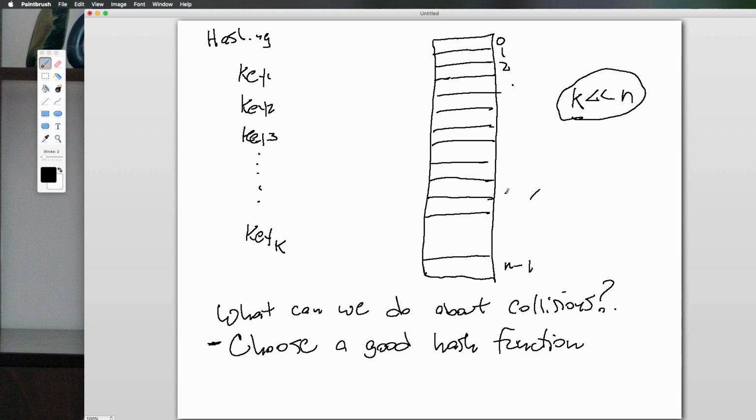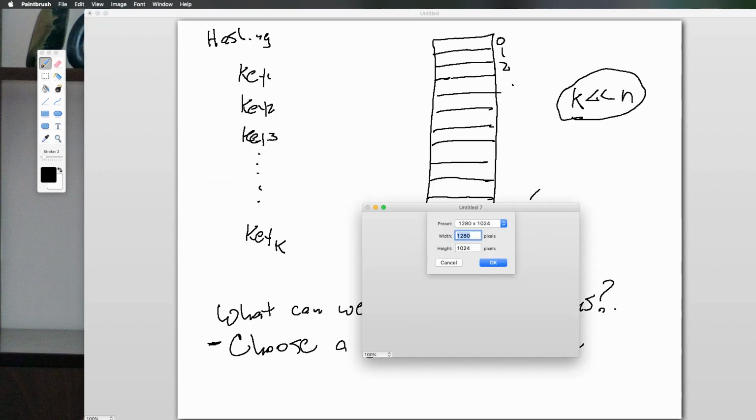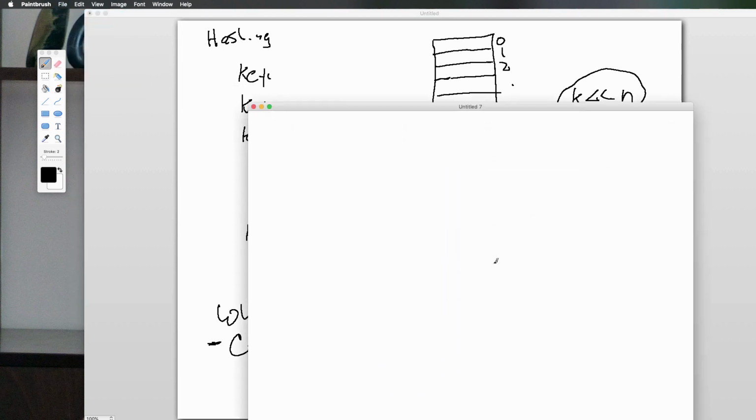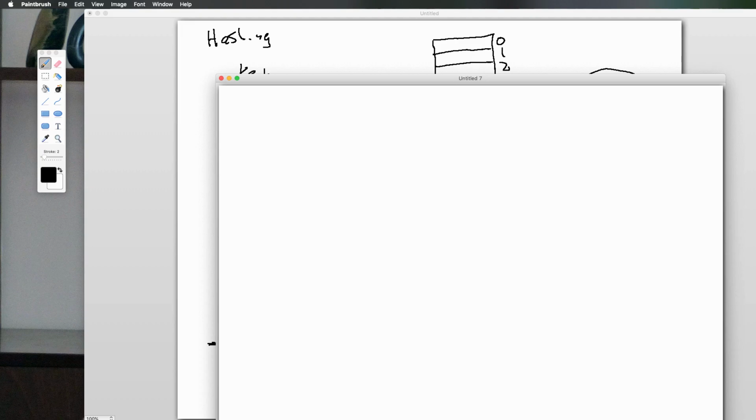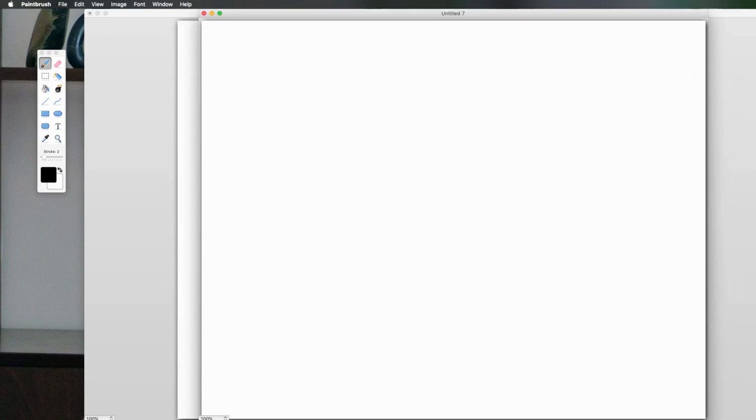So how do we choose a good hash function? Well, let's think about a couple of possibilities. Let's consider a string, something like ABC, and think about what it should map to.